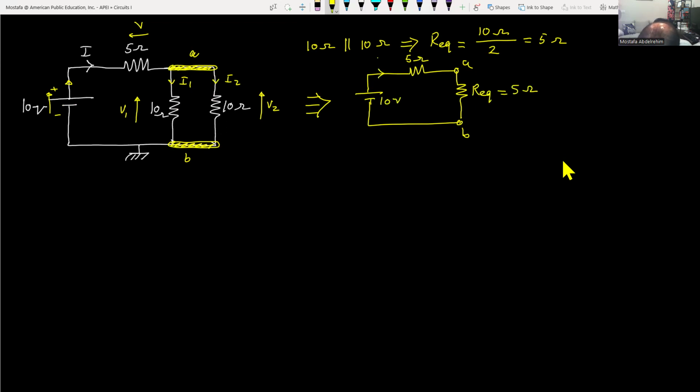So now I can determine I. Just to make it more clear for you, the 5 ohm and the R equivalent are in series to each other. Why? Because they are common in one terminal. They are not common for the other terminal. Otherwise, they would be parallel. B is different from this node here.